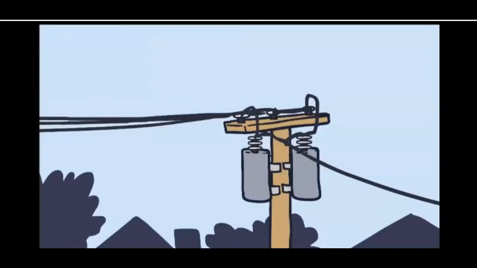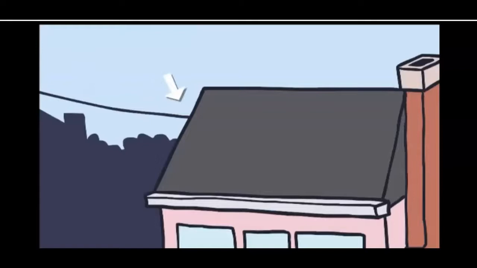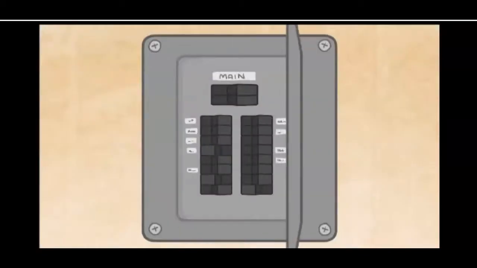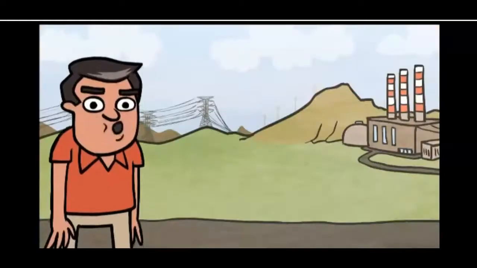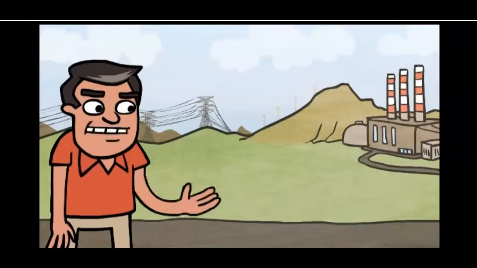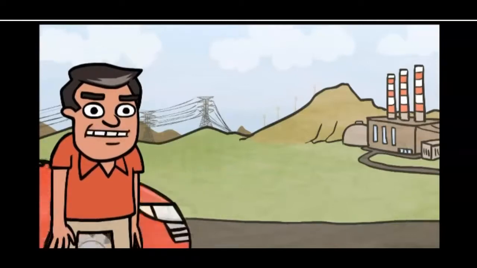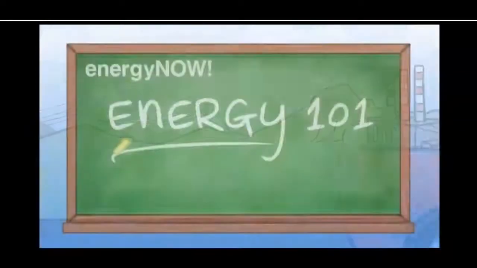The electricity from the power line on your street passes through another transformer, which steps down the voltage once more, and then it travels along the line into your house. From there, the electricity enters your breaker box, and it is then distributed to light sockets and outlets. All you have to do is flip a switch. So, as you can see, from the raw materials to the power lines on your street, there's so much more to the electricity ecosystem than meets the eye.